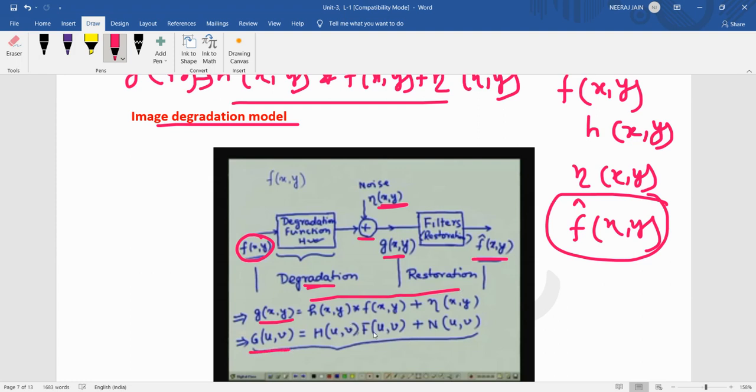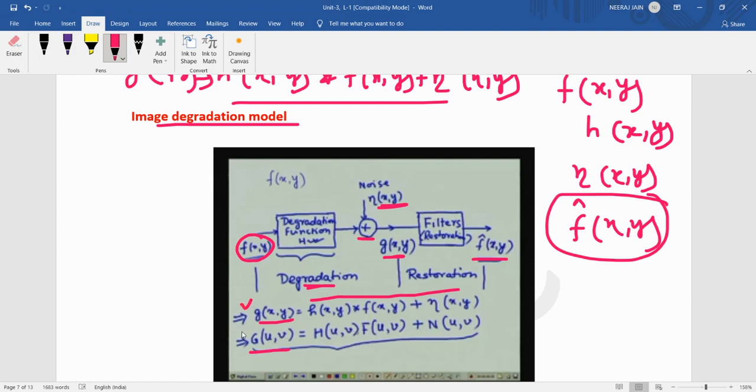And in the frequency domain, if we take the Fourier transform of the degrading image g(x,y), we get capital G(u,v). The Fourier transform of image f(x,y) is F(u,v), the Fourier transform of the degradation function is H(u,v), and the noise is N(u,v).